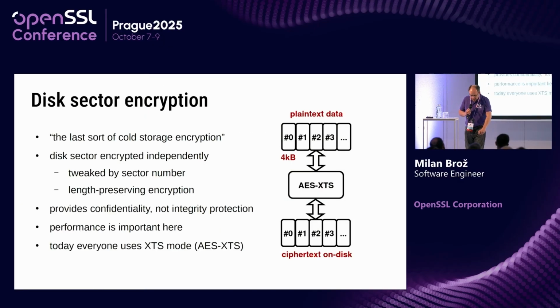The next part is disk encryption itself. So let me first try to very quickly introduce how it works, and then why we need some new encryption mode and what we plan to do with that. So, very simplified, I know it's oversimplified, but how it works: you have some storage, let's say plaintext data, and the storage is split into sectors or blocks.